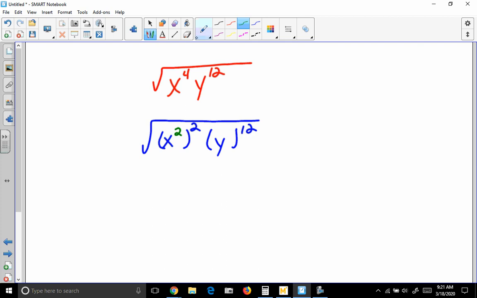For the next one, what times 2 makes 12? 6. So we've expressed each of these as something to the second power. This squared and this squared. So when we take the square root of the first one, the square root and the square cancel, giving us x squared. When we take the square root of the next one, the square root and the square cancel, leaving us y to the 6th.